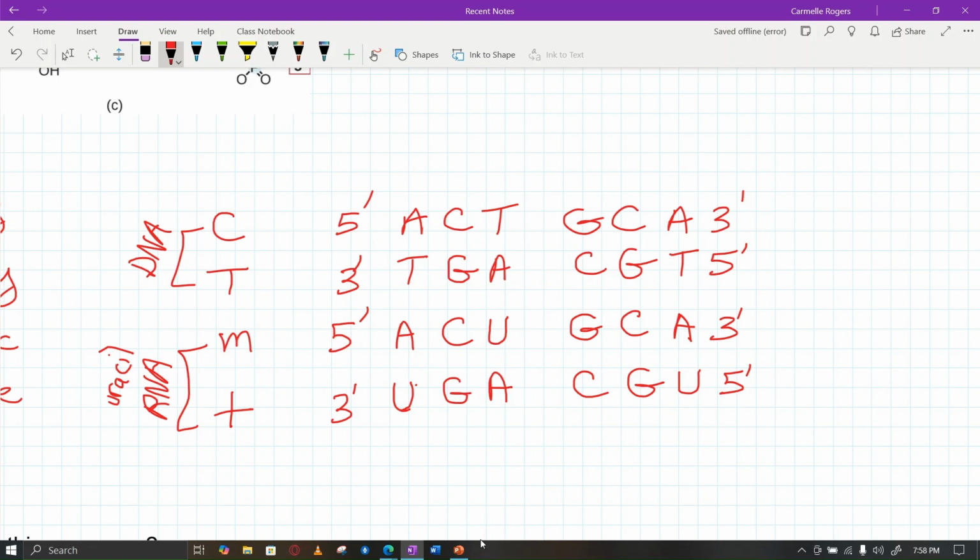I want to talk a little bit about using the acronym. So catchy, trendy, music time: coding, template, mRNA, tRNA. If we look at the strands, notice that every time we go down one level, they are complementary.